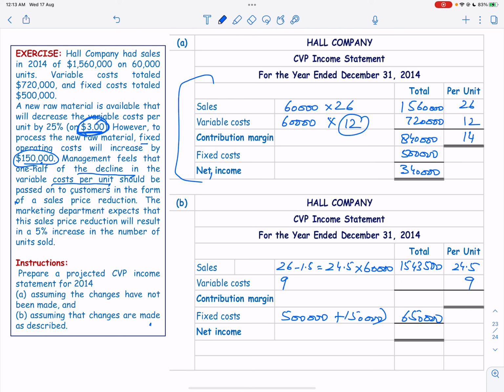The variable cost is 9. The marketing department expects that this sales price reduction will result in a 5% increase in the number of units sold.